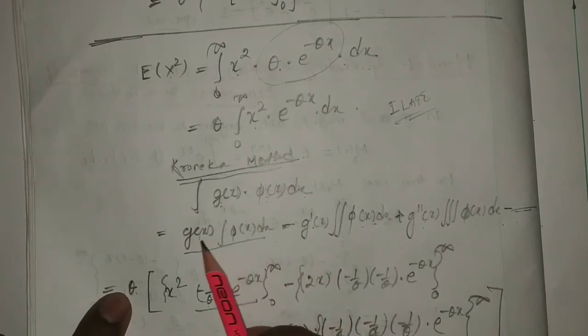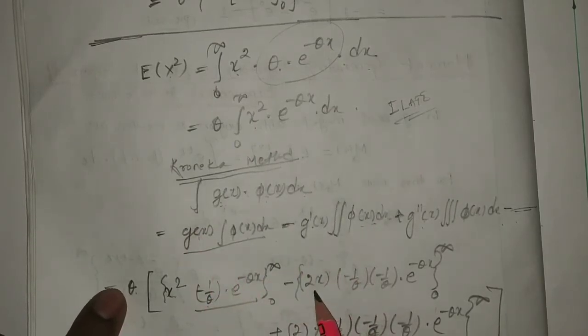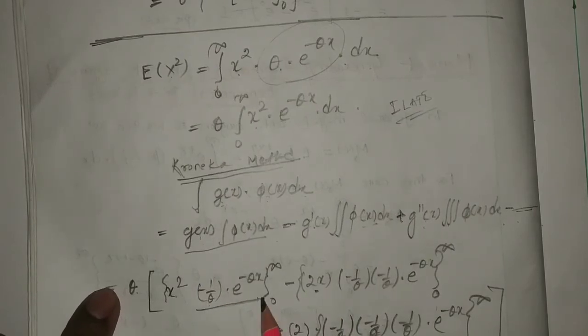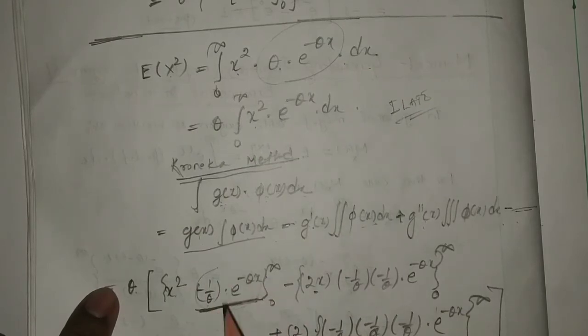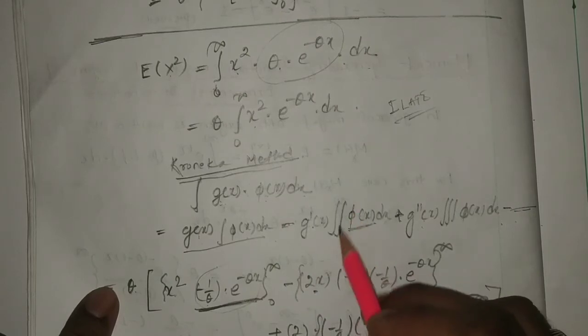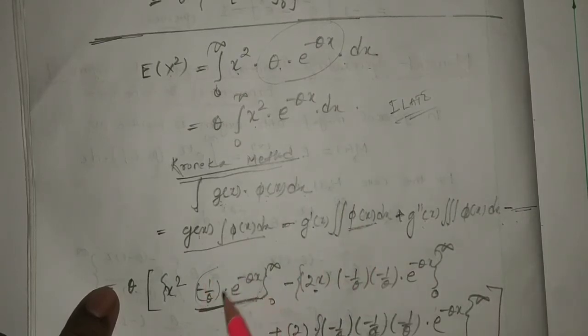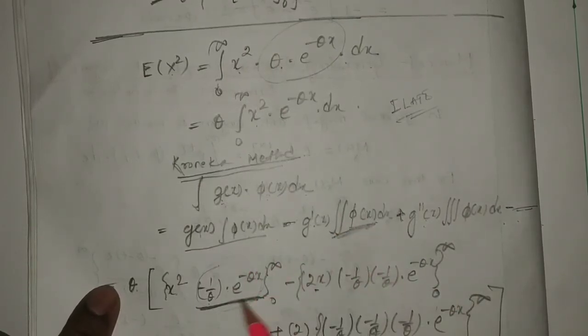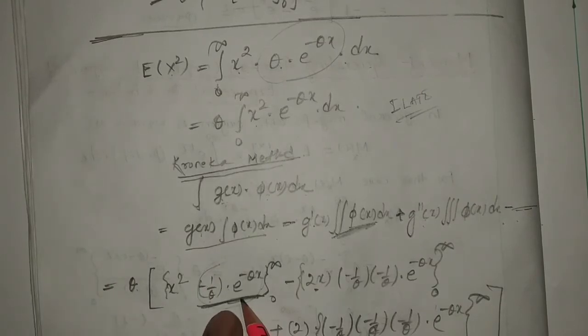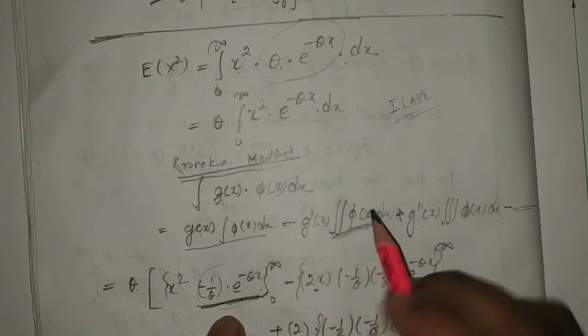Minus the first derivative of g(x), which is 2x, into the second integration of phi(x). The first integration of phi(x) is this one, and then I have to consider the integration of this one, which gives the second integration of phi(x), right?